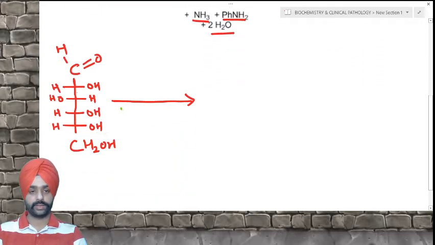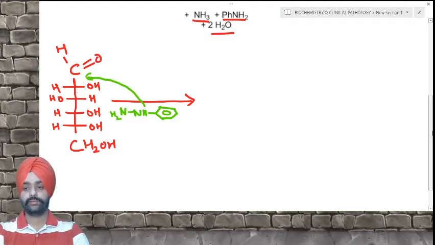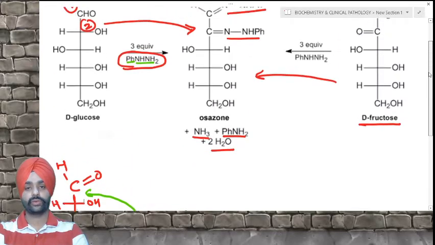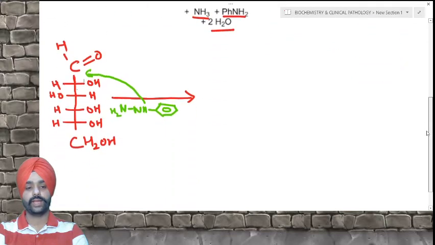It is somewhat like this: NH2 NH and then the phenyl group C6H5. This reacts at the first carbon here and will form phenylhydrazone.